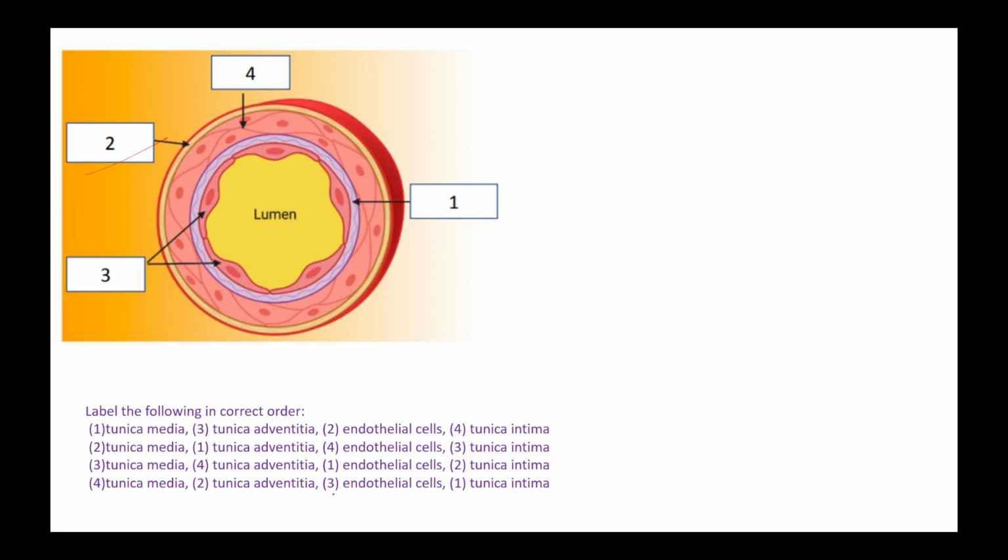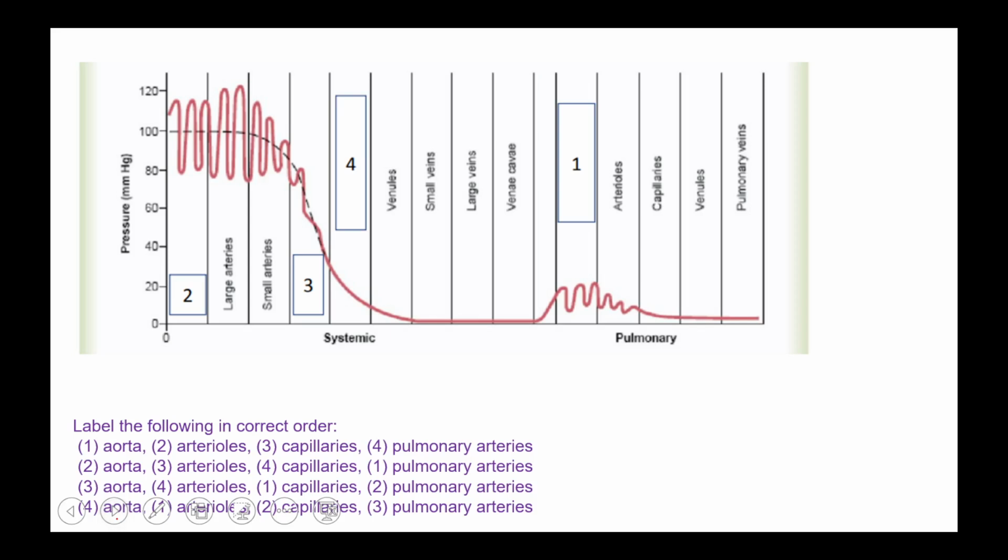The fourth one is the thick smooth muscle, which is nothing but the tunica media. And the first one is the tunica intima. This is the artery structure.